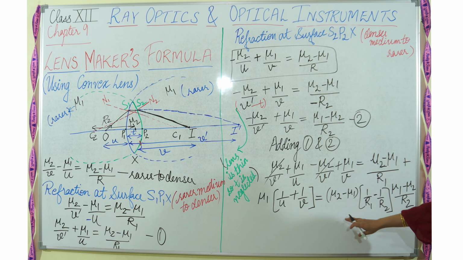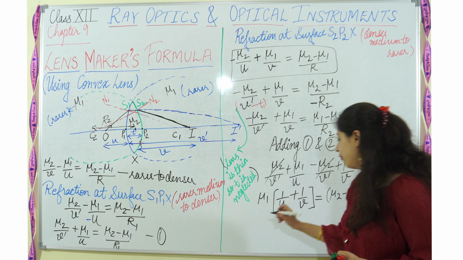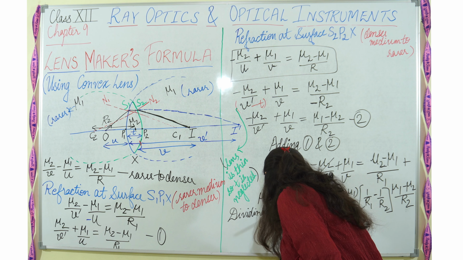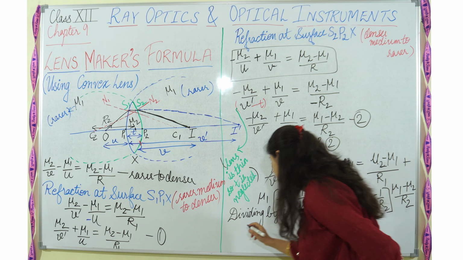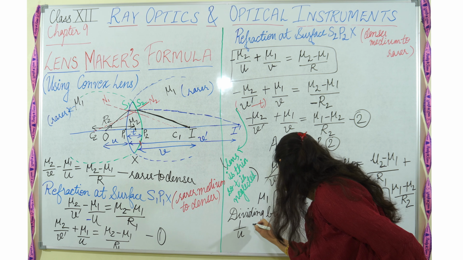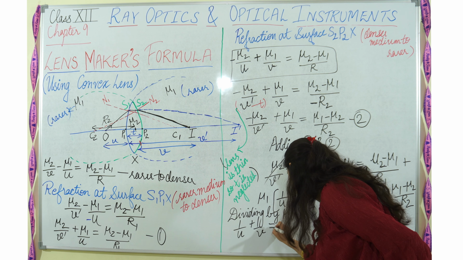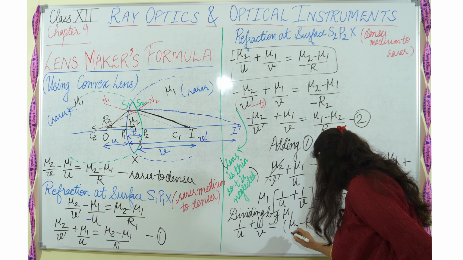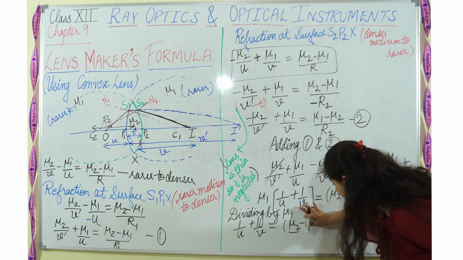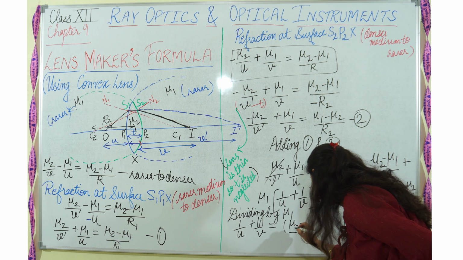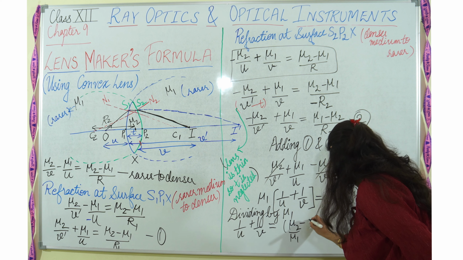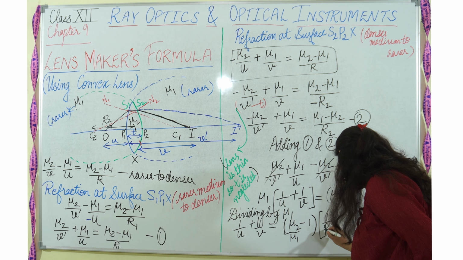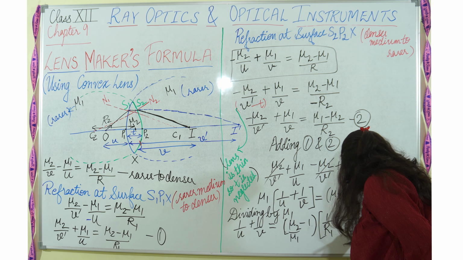Now we can divide the whole equation by mu1. So here I have got 1 upon u plus 1 upon v is equal to, mu2 minus mu1, sorry, this will get 1 when I divide, so it becomes mu2 upon mu1 minus 1 upon r1 minus 1 upon r2.